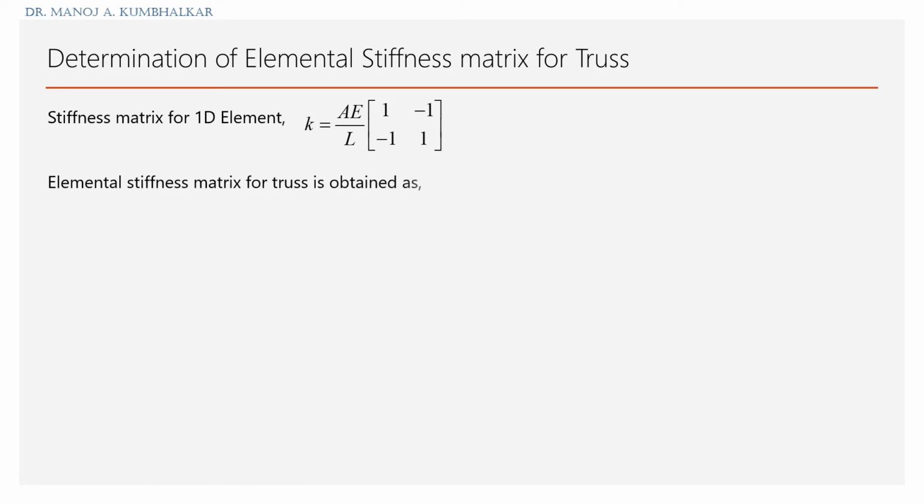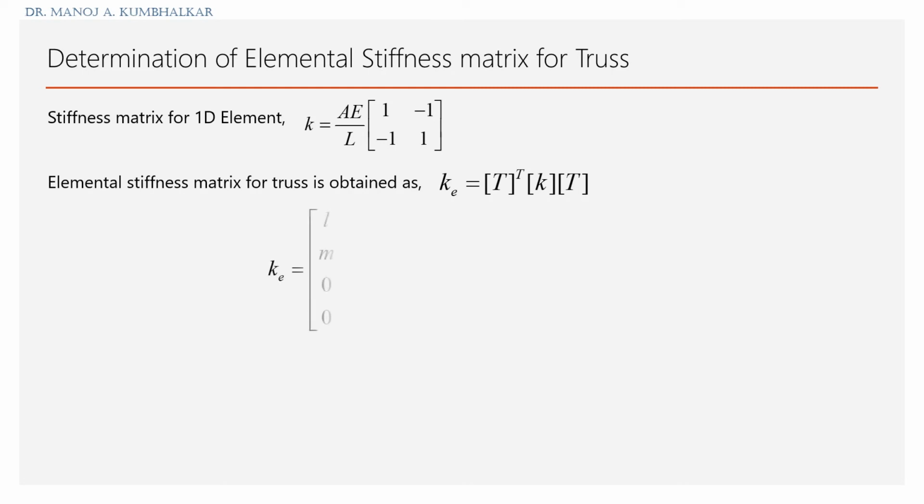So, the element stiffness matrix for truss is obtained as the element stiffness matrix KE is equal to the transpose of the transformation matrix into the element stiffness matrix for the 1D bar element into the transformation matrix again.